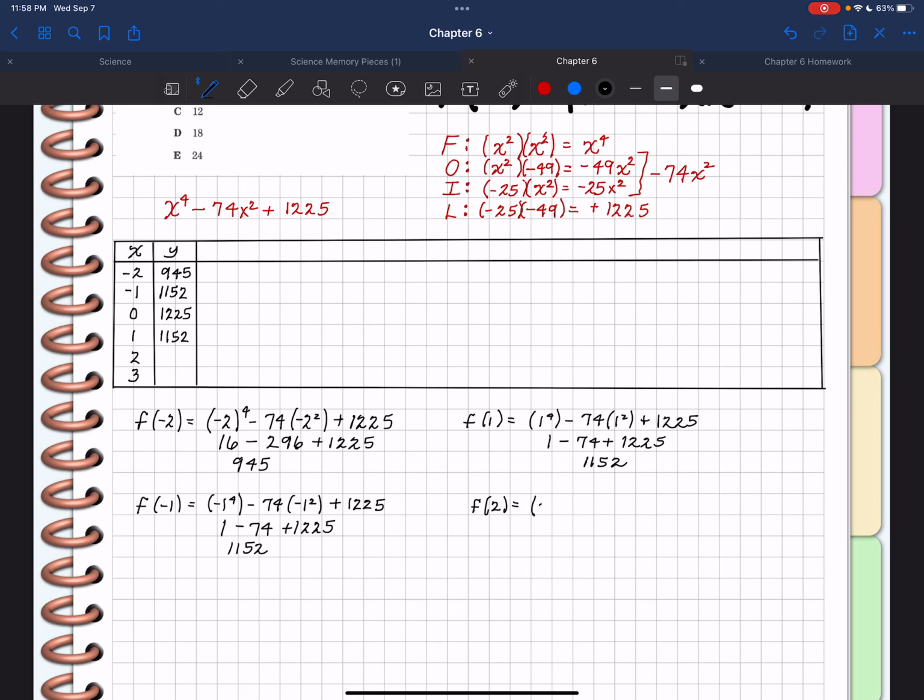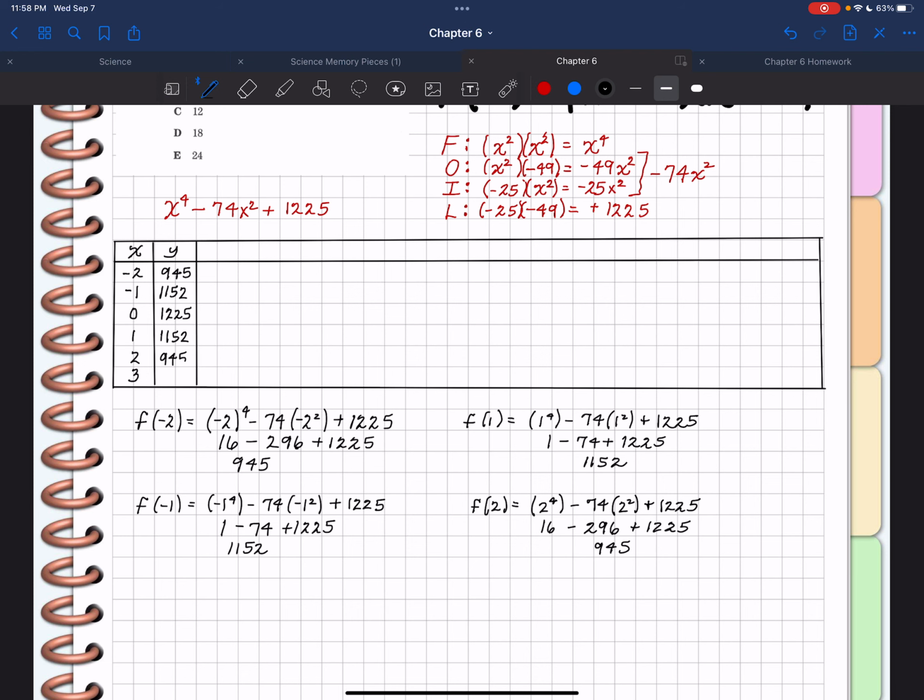Are you seeing a pattern here? 2 to the 4th power minus 74 times 2 squared plus 1225. That's going to be 16 minus 296 plus 1225. That is that 945 again.